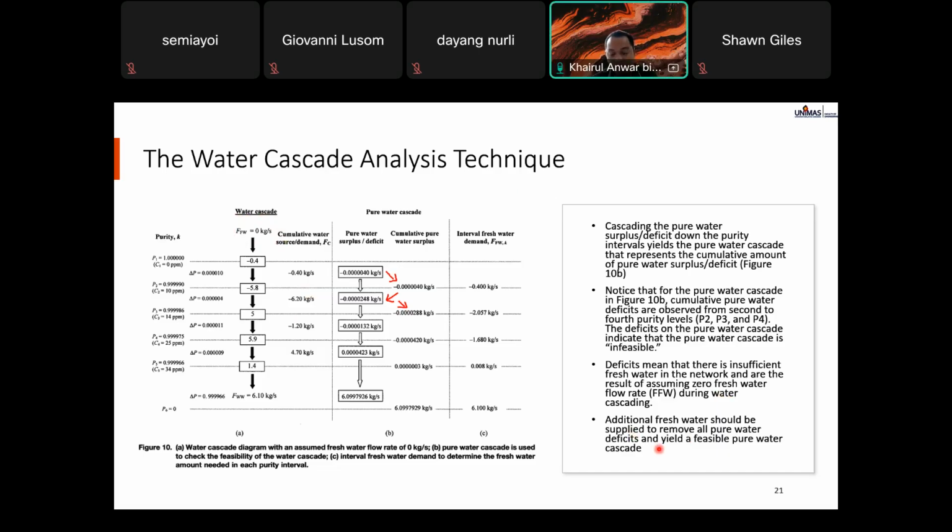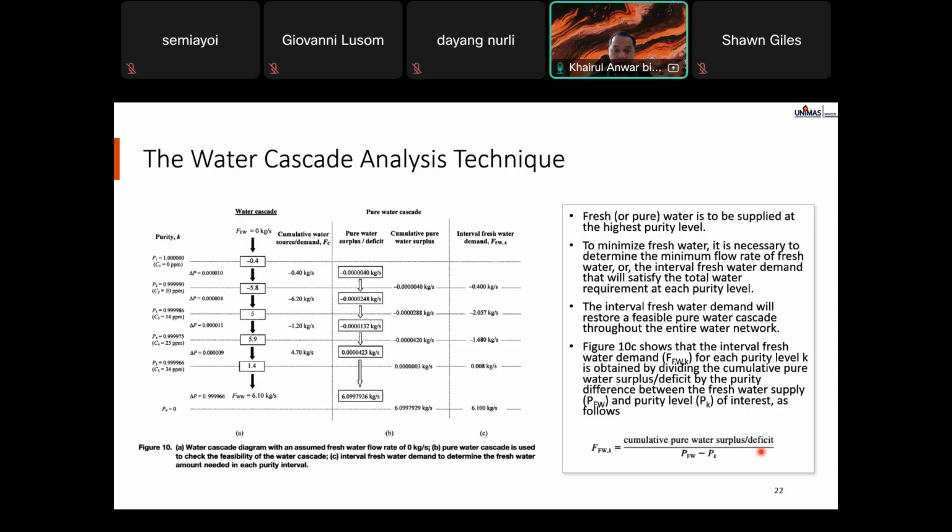But it's not enough, there is a deficit. Additional freshwater should be supplied to remove all pure water deficit and yield a physical pure water cascade. The highest purity water is to be supplied at the highest purity level here.